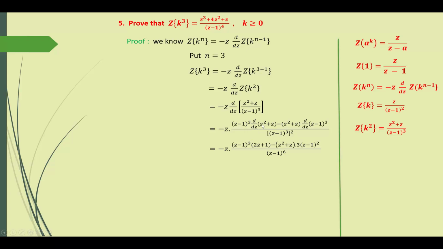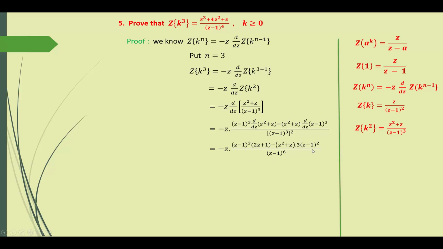D by dz of z square is 2z and the derivative of z is 1, minus of (z square plus z), and d by dz of (z minus 1) cube is 3 into (z minus 1) square into the derivative of (z minus 1), which is 1, derivative of 1 is 0, upon (z minus 1) raised to 6.